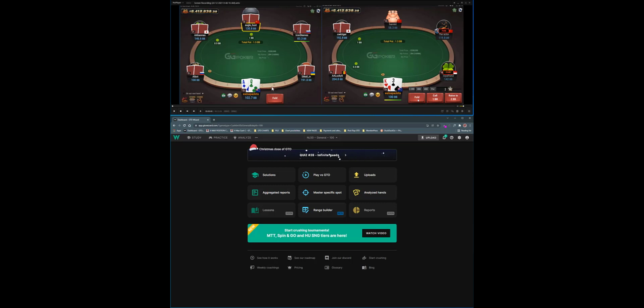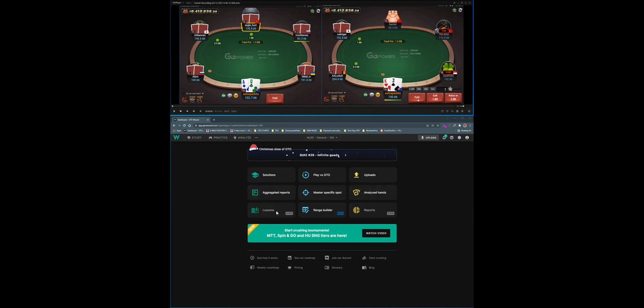This is not going to be too high level, just to give you an idea of how good the Wizard is. There's a lot to it, and there's solutions. You can play versus the GTO in all different scenarios. You can upload your hands.